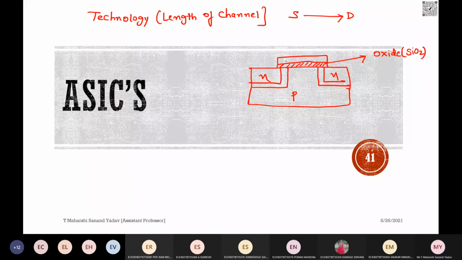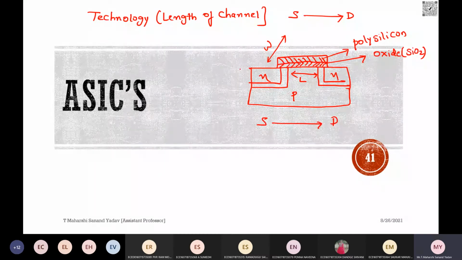Above this is polysilicon, which will act as a metal. The distance from here to here is the length of the channel. In the three-dimensional view, the top portion is called the width. Remember this: length is the distance from source to drain, whereas width is the above portion, which is easy to understand in three dimensions.